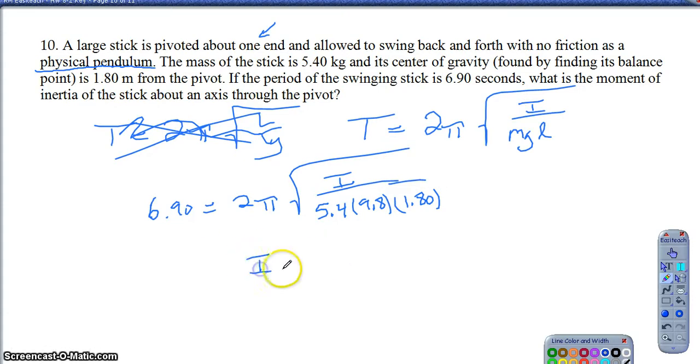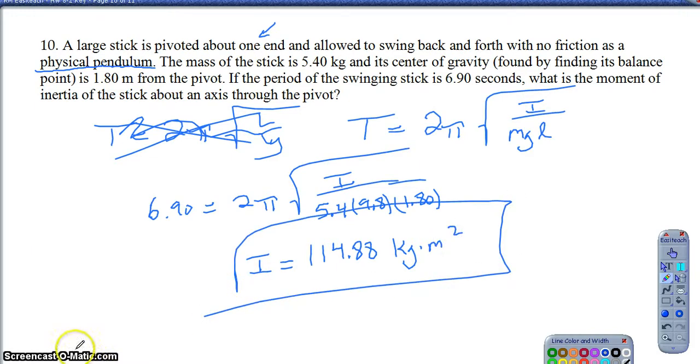Solving this for the moment of inertia, just a little bit of algebra, we should end up getting about 114.88 kilograms times meters squared. So there's my moment of inertia for this rod.